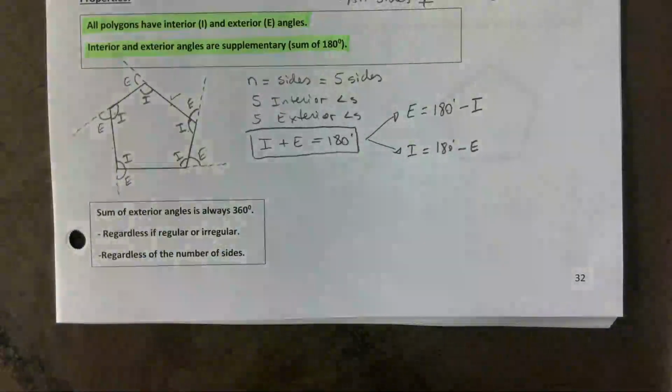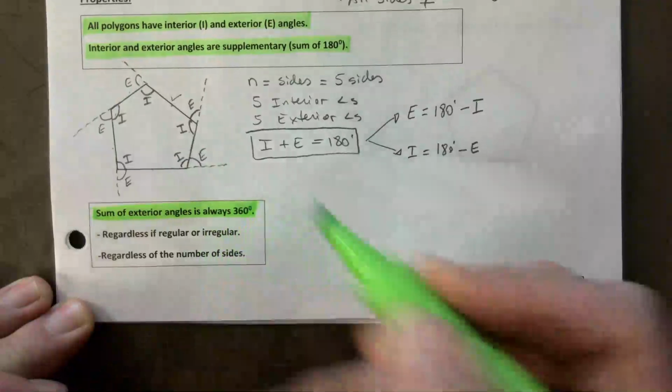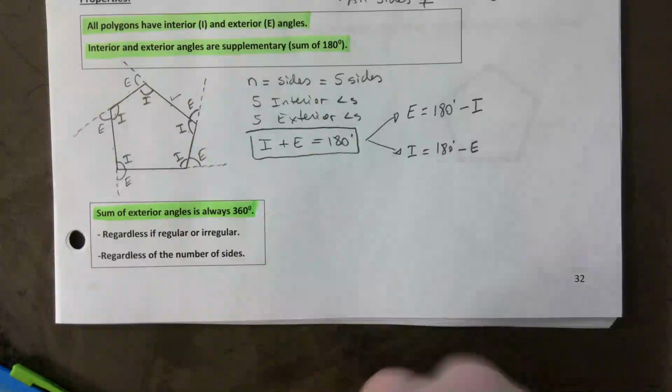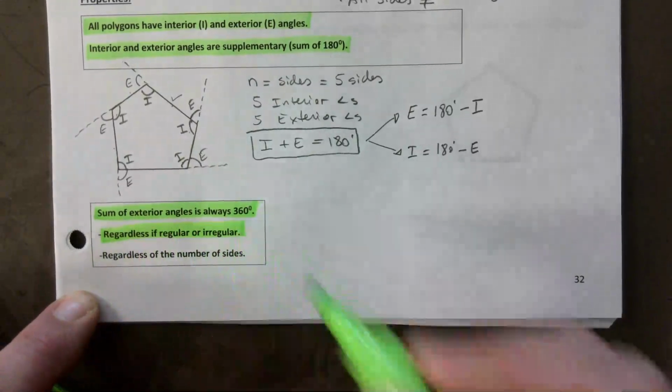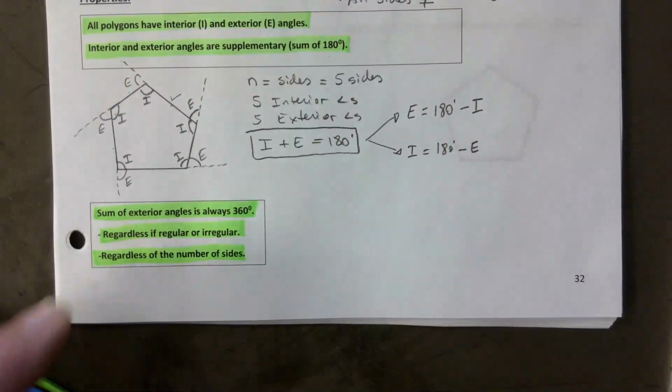Another fun fact here. Sum of exterior angles is always going to be 360, regardless if irregular or regular, regardless of the number of sides.